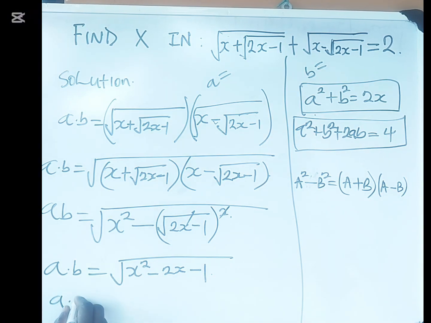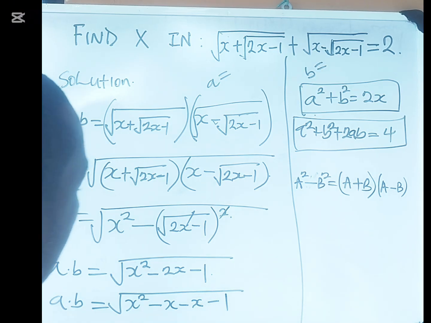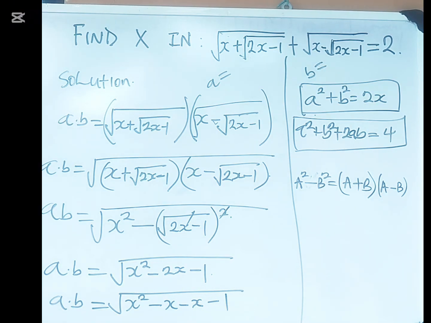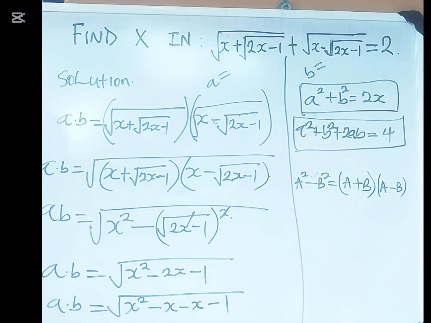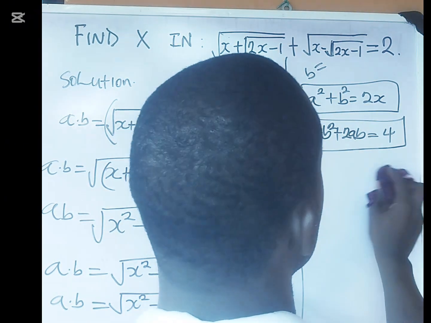A times B will be equal to, if we expand this quadratic equation, we're going to have x squared minus x minus x minus 1. We just split this minus 2x. So, we'll go ahead and solve.